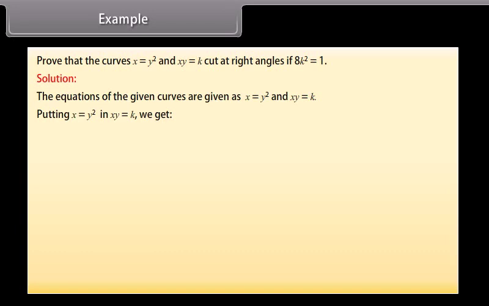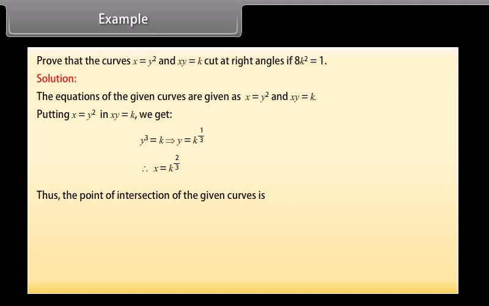Putting x = y² in xy = k, we get y³ = k. It implies y = k^(1/3). Therefore, x = k^(2/3). Thus, the point of intersection of the given curves is (k^(2/3), k^(1/3)).